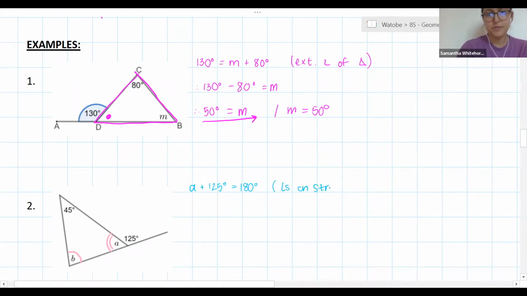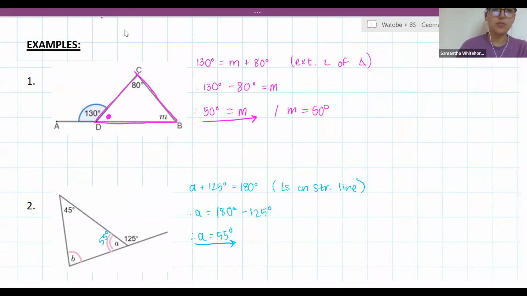And then I got A equals 55 degrees. Awesome. Remember those reasons, guys. You have to give reasons. If you don't give reasons, then unfortunately you're going to lose marks. Right, Emmanuel, can we give someone else a go to do B?